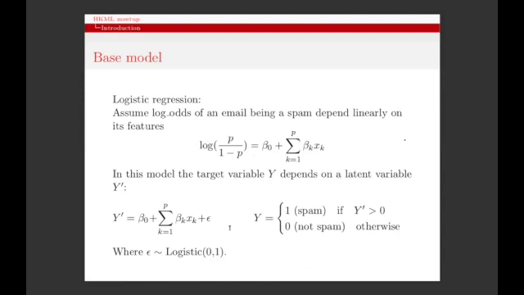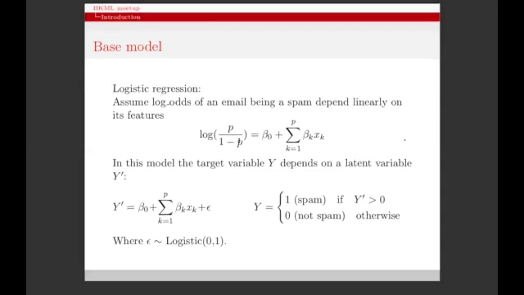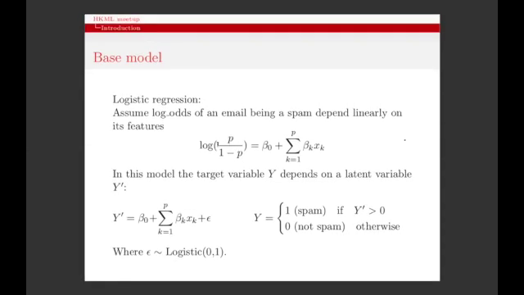And I'm going to use a base model to compare with a more subtle model where I perform the feature selection. For this particular task, logistic regression is well adapted, because it's a binary classification. We assume that the log odds of an email being spam depend linearly on its features.